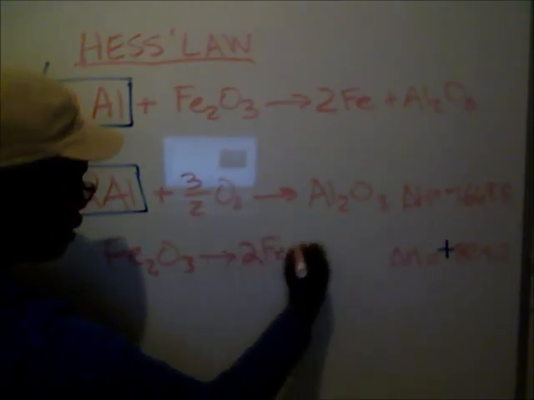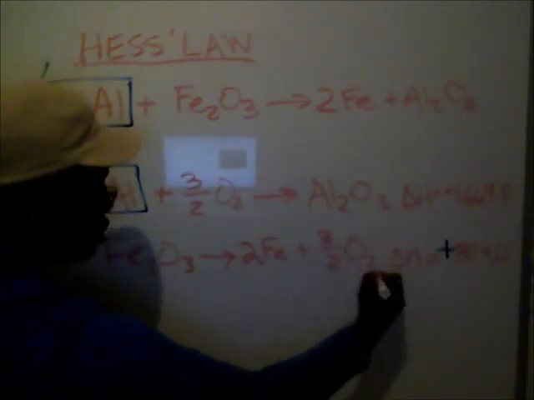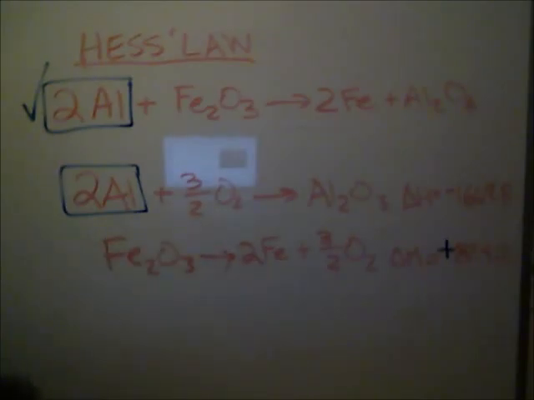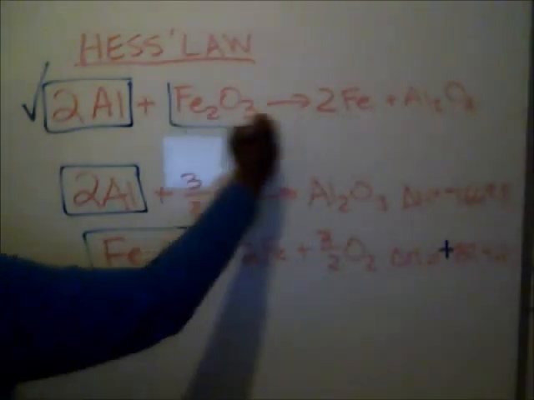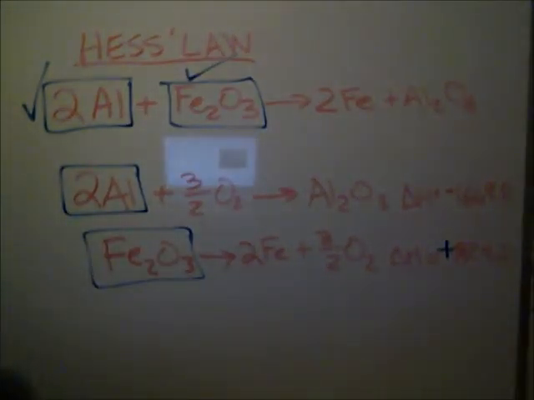Two Fe plus 3 halves oxygen. Okay? So we flipped it and then we changed the heat with it. So now the heat's positive. So now this guy and this guy, they're on the left side, which is exactly what we want.